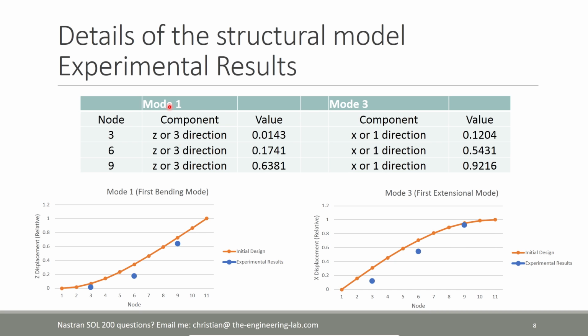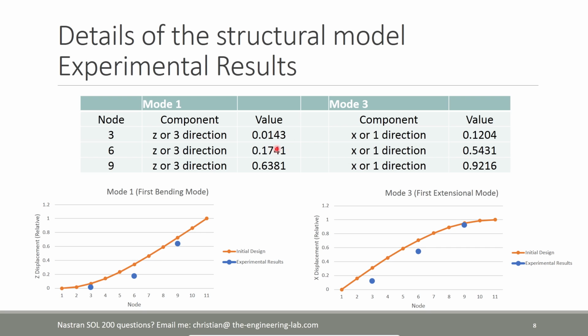This table is a summary of our experimental values. Here for mode 1, we measured the experiment, or the prototype, if you will, at 3 different points. We measured it at node 3, node 6, and node 9. So here you can imagine this is node 3, node 6, and node 9.